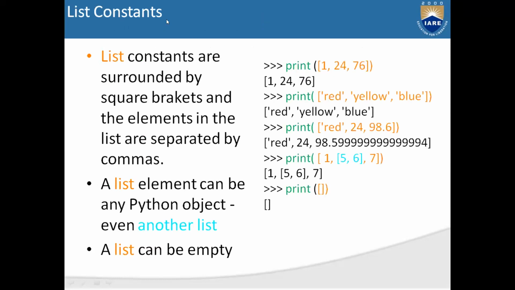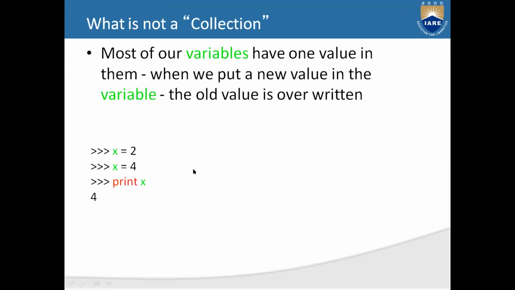So how is the list going to be stored, and what may a list consist of? Various values, as I told you. First we will discuss the constants, and how list constants are arranged. The list is arranged as a set of values enclosed within square brackets.